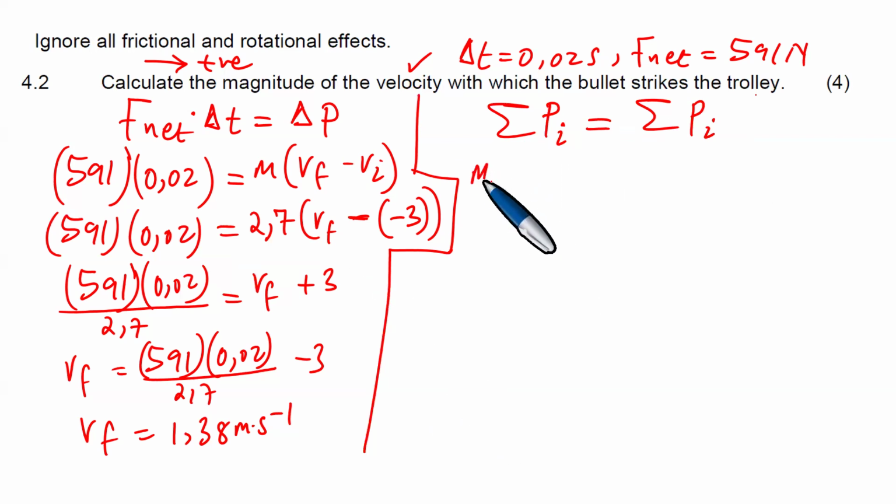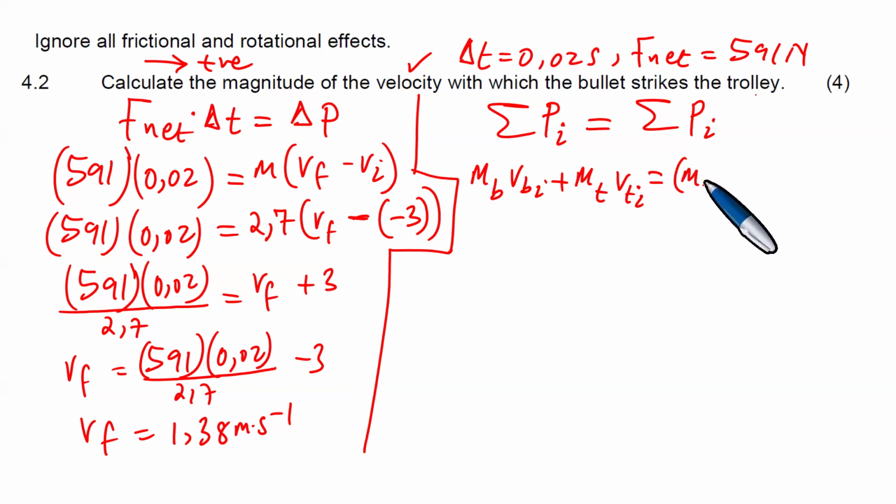Now we have the mass of the bullet times VBI, plus the mass of the trolley times the initial velocity of the trolley, which equals the system right now of the two.